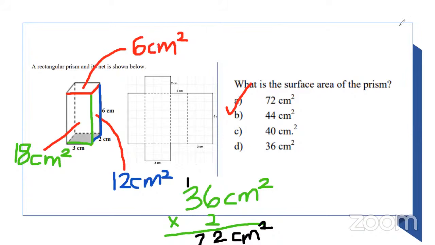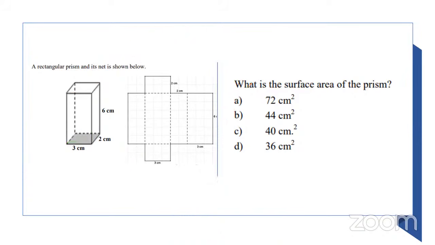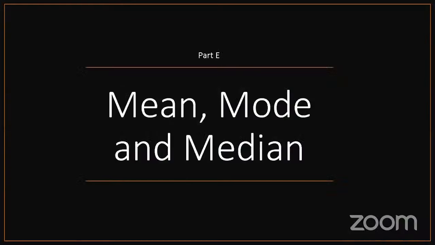All right. So let's move on to our next question. And in this question, we're looking at the mean, mode, and median. All right, so what is the mean? Give us a sentence in the chat. What is the mean? What is the mode? What is the median?